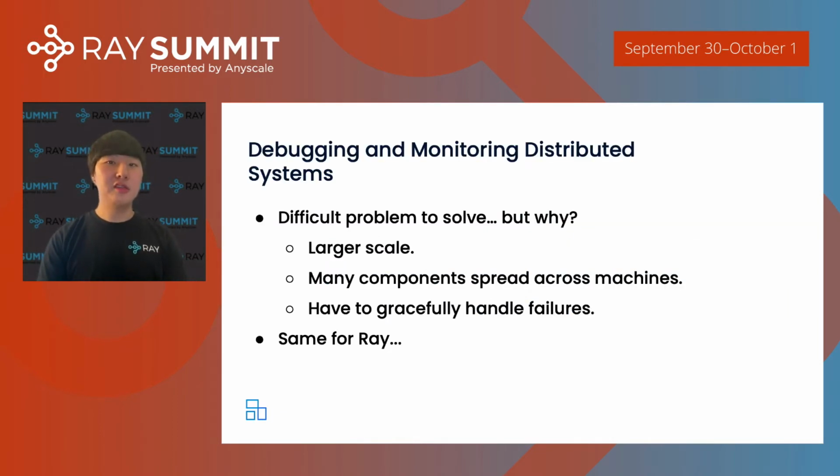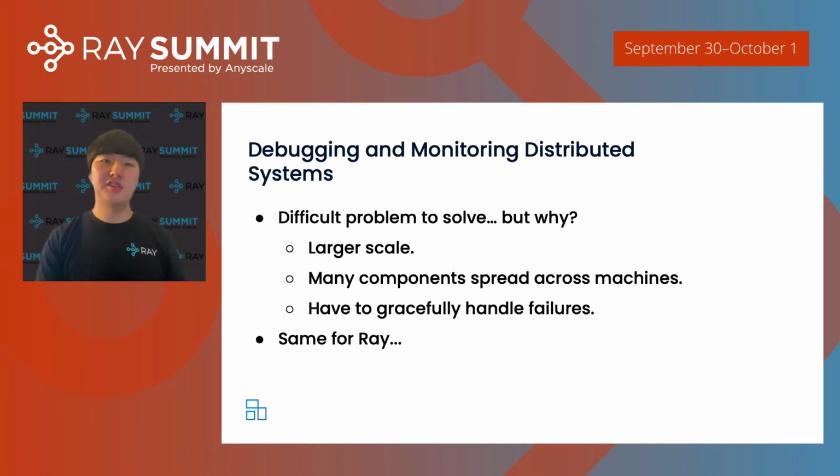Let's see why first. Distributed systems are usually running at really large scale. And it makes it impossible for humans to dig into and fix issues when something's broken. And second, all the components are spread across many different machines in the cluster. And since components are running independently, concurrently, and asynchronously, reasoning about failures or anomalies becomes much more difficult.